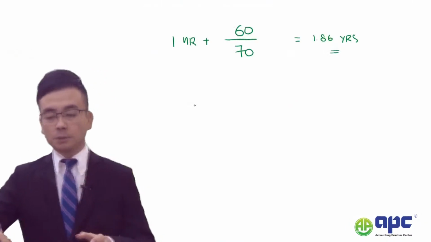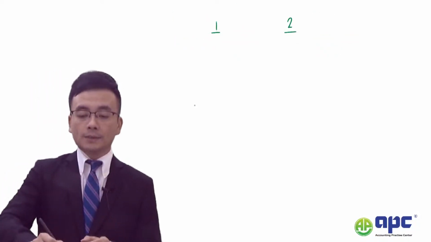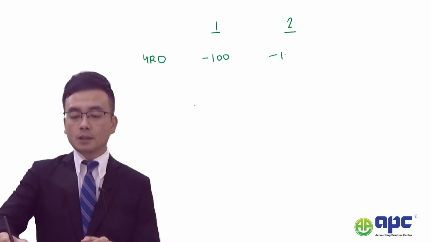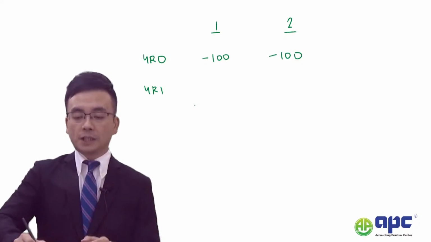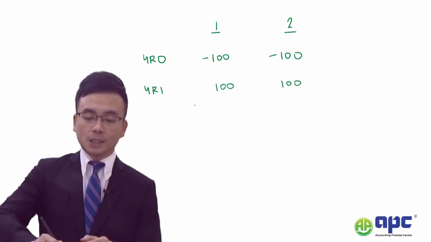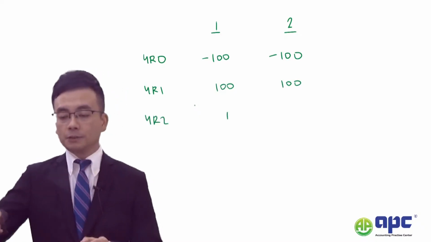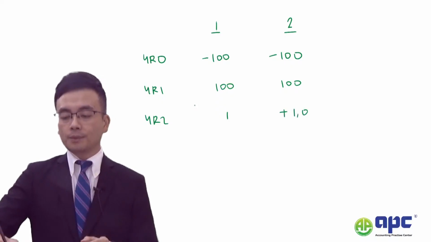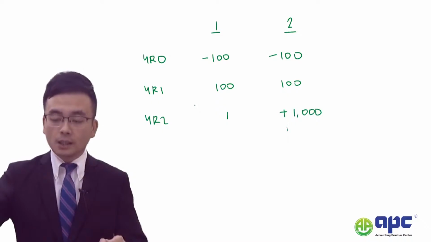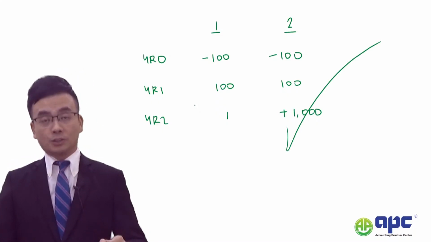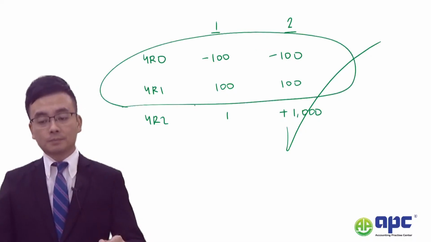Now, let me give you an example. Suppose that we've got projects 1 and 2, and in year 0 we spend 100 out, and in year 1 we recover all of our investment. However, for project 1 in year 2 we can earn $1, but for project 2 we can earn 1,000. So if that's the case, it's certainly the case that project 2 is more profitable than project 1.